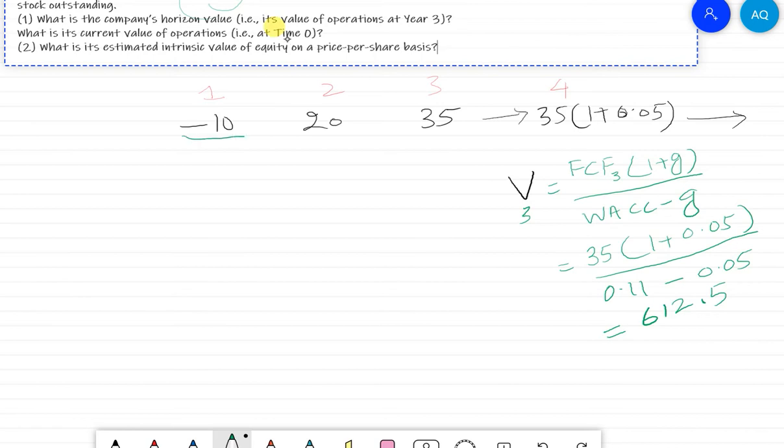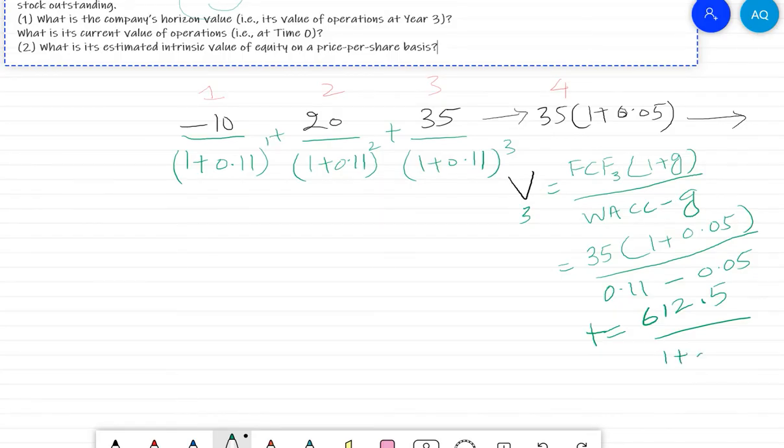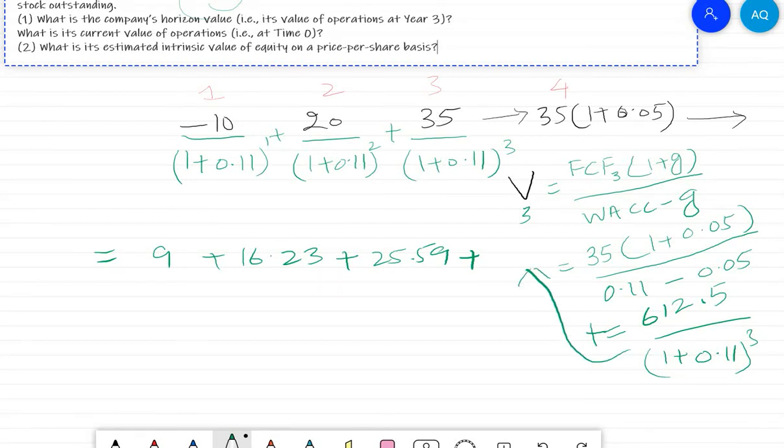That will be minus 10 million divided by 1.11 at year 1 plus 20 divided by 1.11 squared at year 2 plus 35 divided by 1.11 cubed at year 3 plus the horizon value discounted the same way. Calculating all of these, we'll have minus 9 million plus 16.23 plus 25.59 plus 447.85.